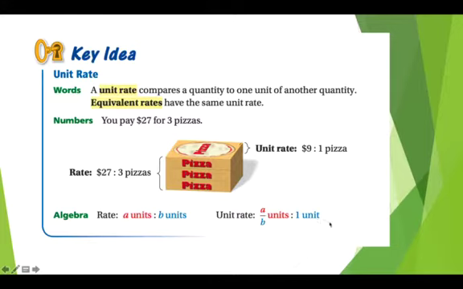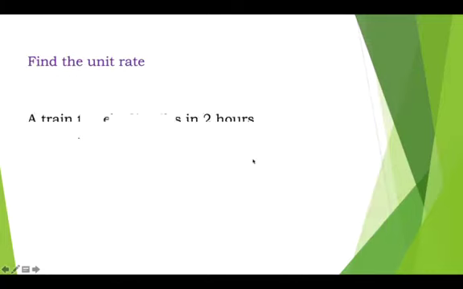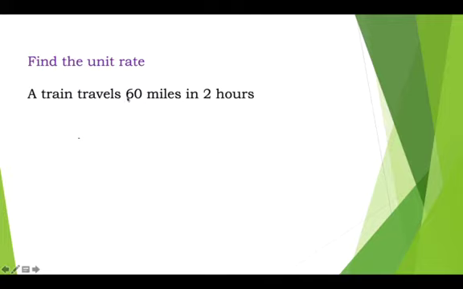Let's see some questions related to unit rate. Find the unit rate. A train travels 60 miles in 2 hours. What does that mean? You need to find how many miles the train will travel in 1 hour. So how will you do that? You need to take it as a ratio, 60 over 2.